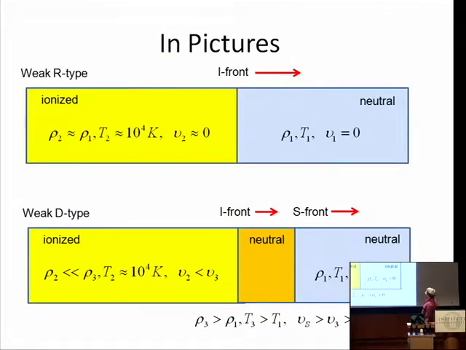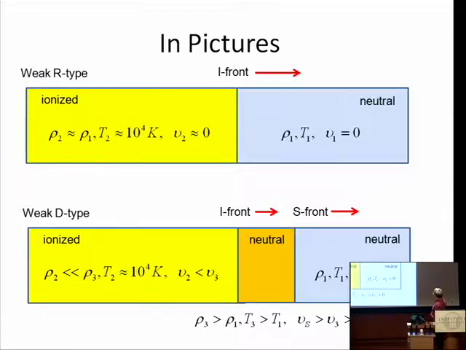In pictures, this is what you have. So here's the neutral gas, and in a weak R-type front, you just get this ionization, and this I front zips along supersonically with respect to both media. In a weak D-type front, the way I think about it is this ionized gas is pressurized, this I front is moving subsonically with respect to this gas, so that pressure difference can be felt, and that causes hydrodynamic motions which drive a shock ahead of it.